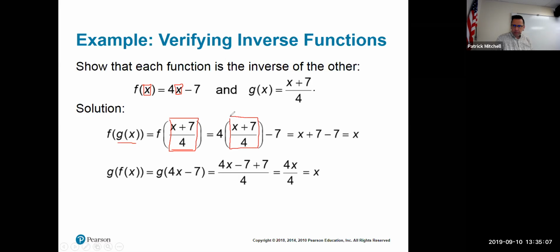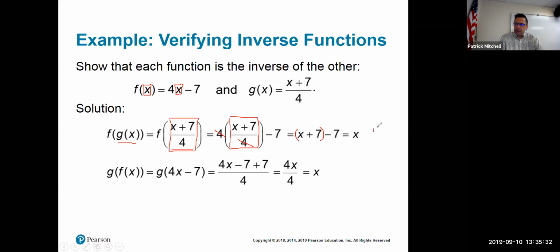So when you get to a certain point, you can kind of see where this is going. 4 times x plus 7 over 4, well, the 4's are going to cancel, right? So that's going to leave me with x plus 7 minus 7. Maybe it would be good to put this x plus 7 in parentheses. Okay. But of course, I don't really need the parentheses. x plus 7 minus 7 is just x.